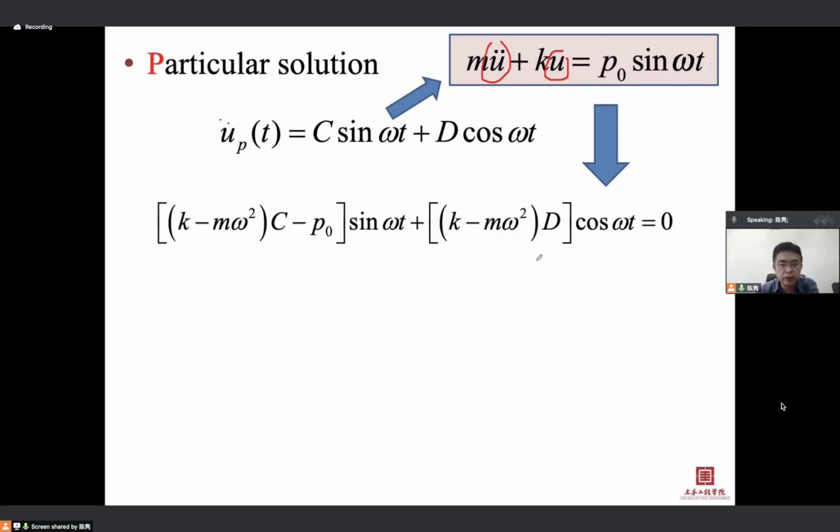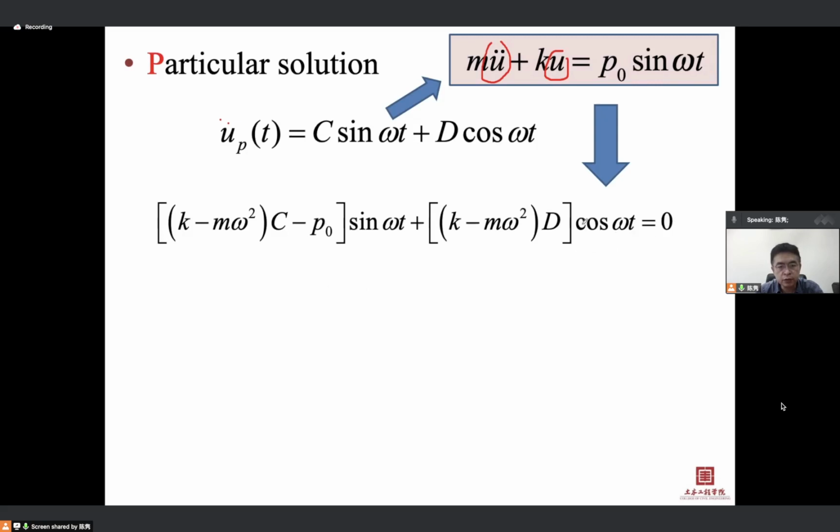Then you rearrange everything: the terms along with sine omega t and the terms along with cosine omega t. You put these together and move all the variables to the left side of the equation, and the right side is 0.